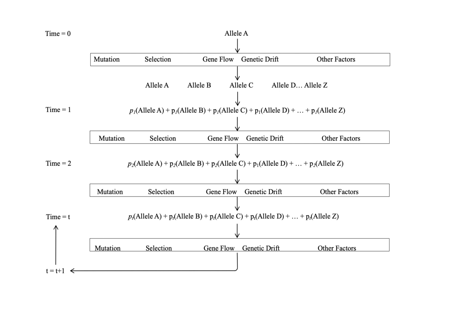Taking all of those criteria and mechanisms into account, then you have mutation, selection, gene flow, gene drift, and other factors. So you can start with allele A, you have mutation and selection.